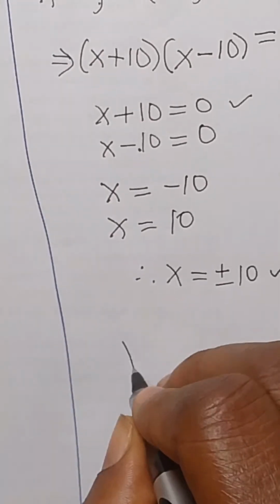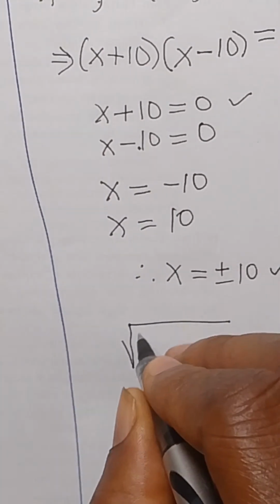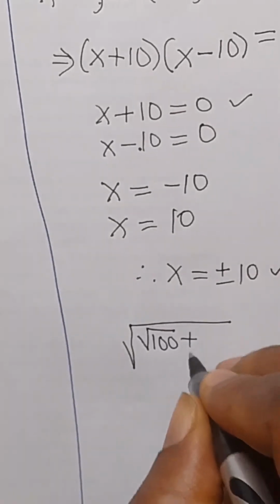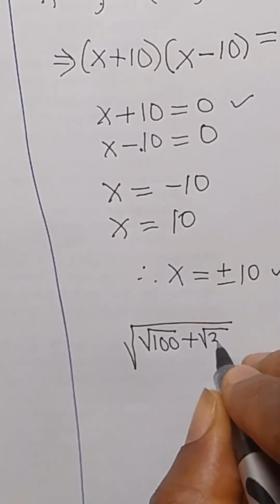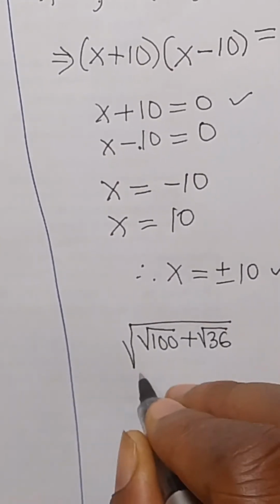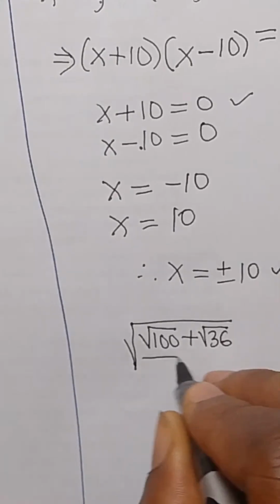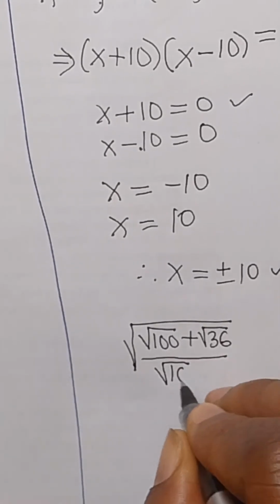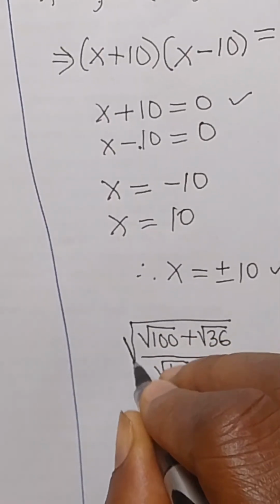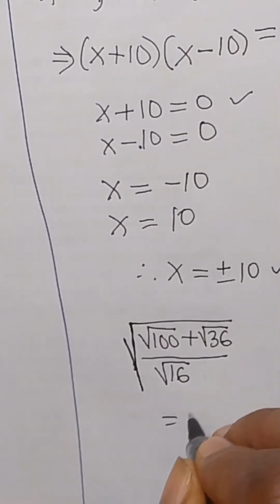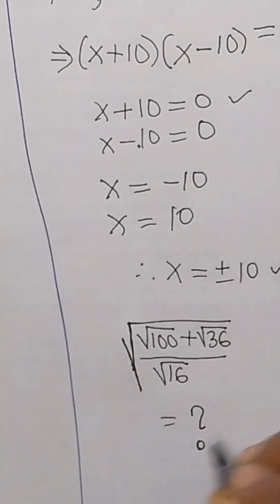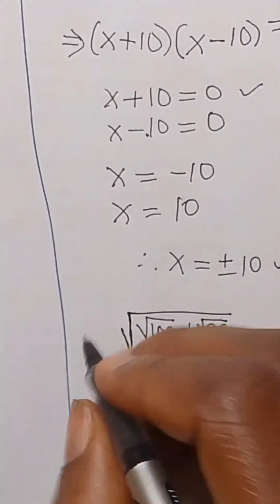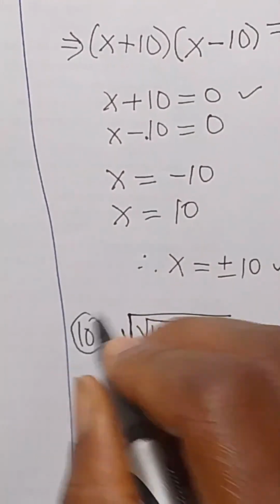We have the square root of 100 plus the square root of 36, all over the square root of 16. Now, all these things are inside the bigger square root, and it is equal to what? So this is question number 10. Gosh, we are halfway.